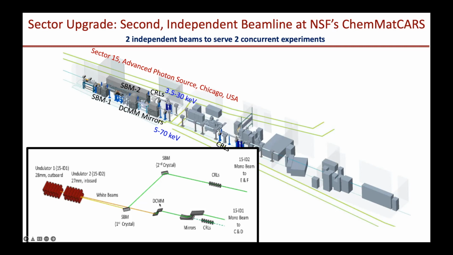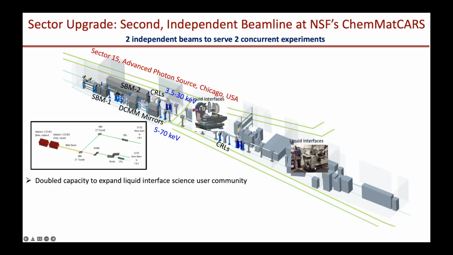The multilayers will enhance the intensity at 20 and 30 keV, which is extremely helpful for buried interface experiments. The energies will be between 3.5 and 30 keV. With this second beamline, it would double our capacity for everybody, and for liquid interface.